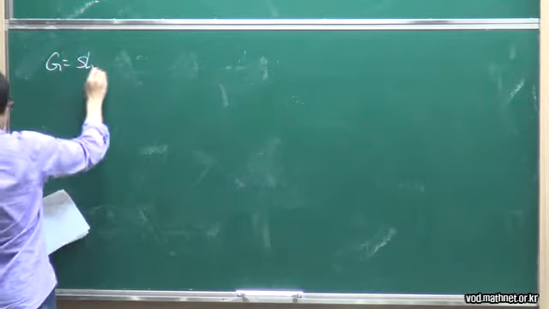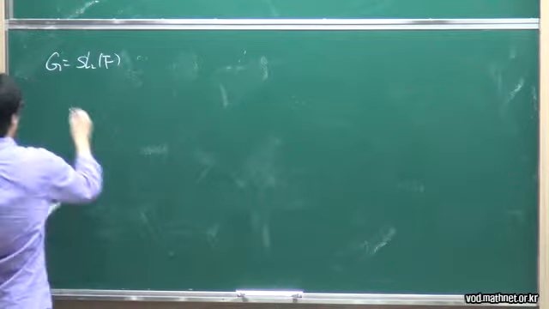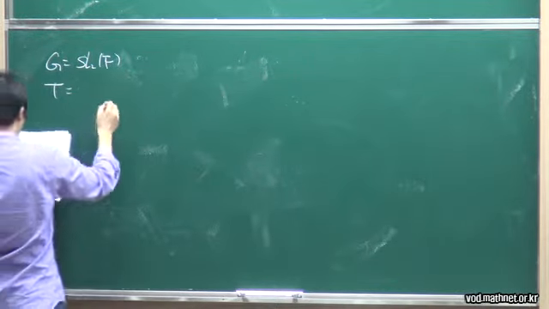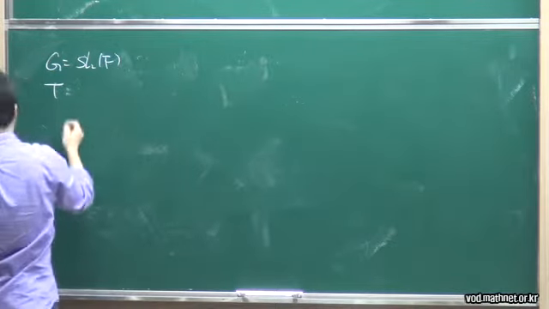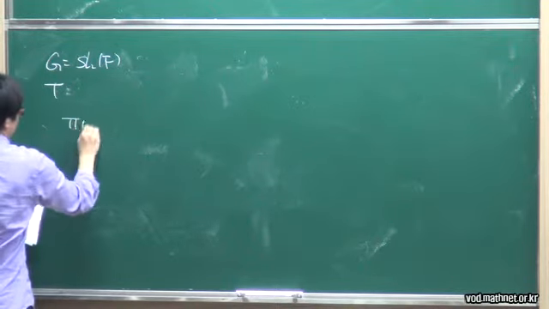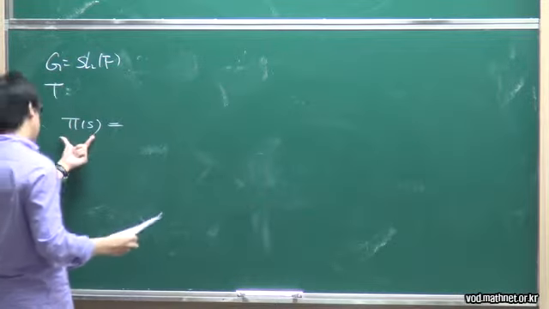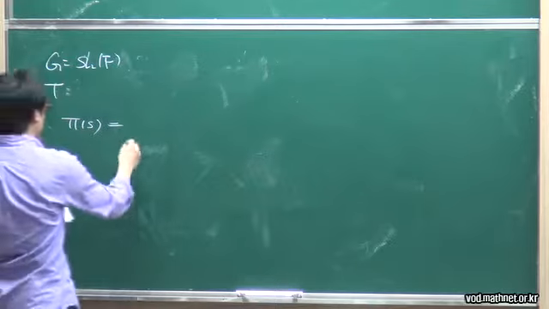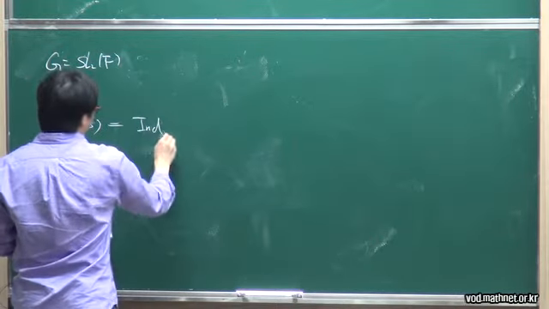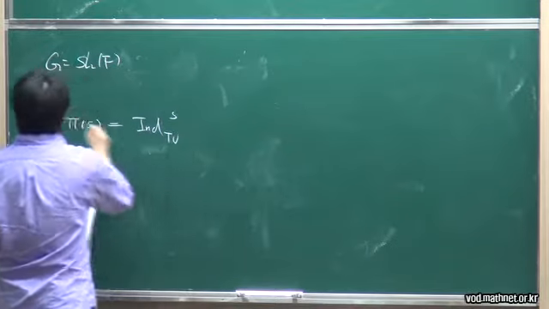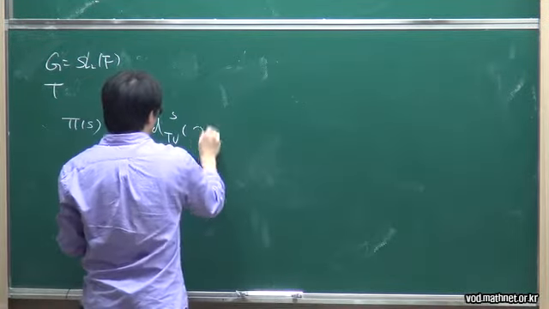Now we choose G to be SL2 over F. And then we construct something very funny. T is the maximal torus, that means the unit circle. And then we figure out this. Now this representation is parameterized by S here. The U here is the unipotent. And then we can figure out this.